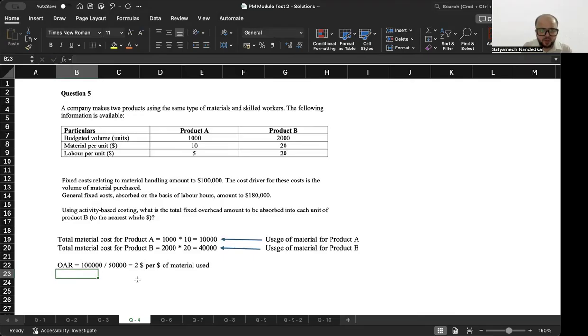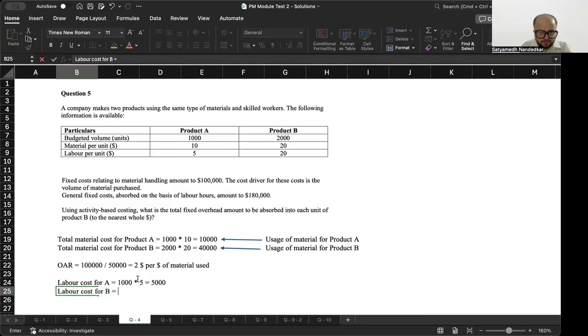General fixed overheads absorbed on the basis of number of labor hours amounts to 1,80,000. Now, labor cost for A is 1000 into 5, which is 5,000. And labor cost for B is 2000 into 20.